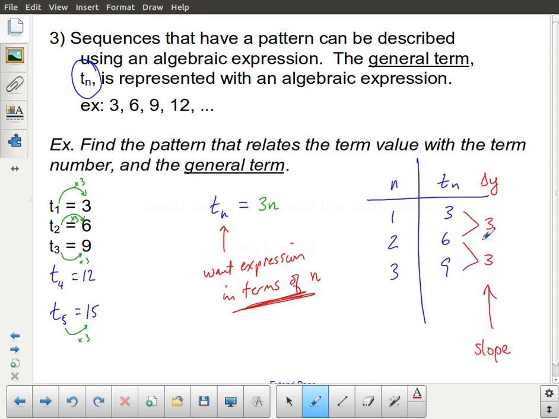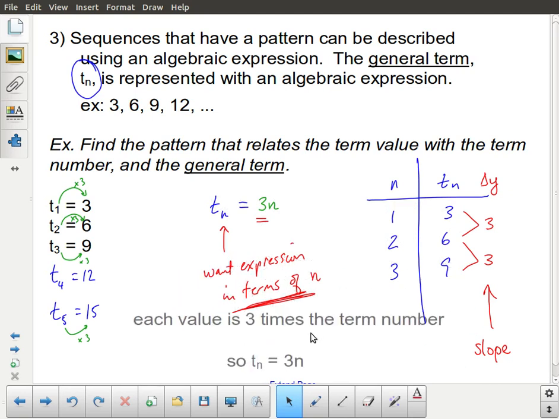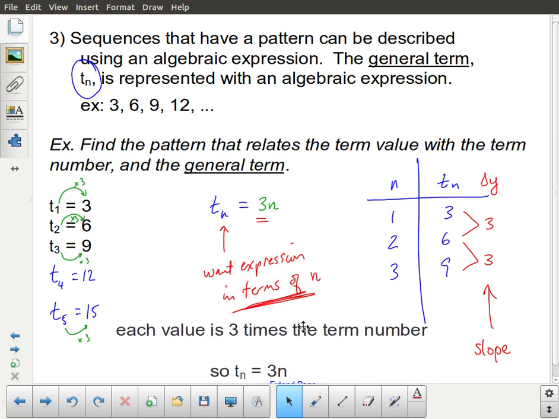So first differences have something to do with slope, and now you can see that this makes a little more sense in the context of slope. So just keep that in mind going forward. Each value is 3 times the term number, so we end up with Tn equals 3n. That's what I came up with there.